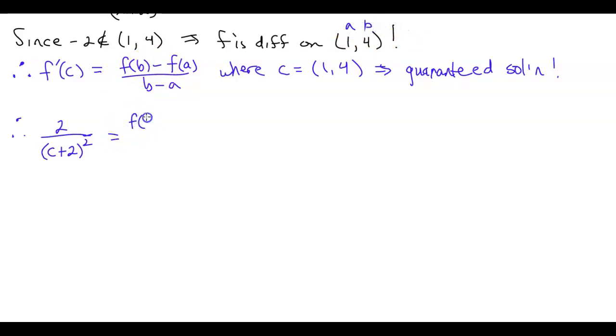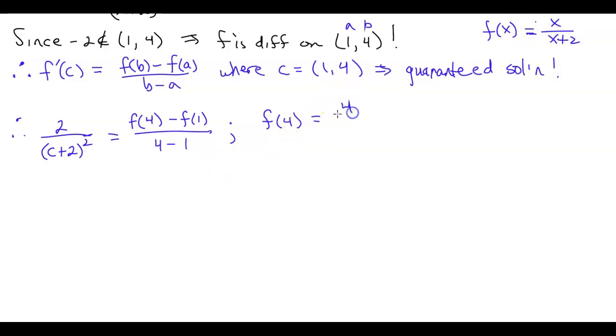So we're going to have f of 4 minus f of 1 divided by 4 minus 1. Remember that our function f of x is x over x plus 2. So f of 4 is 4 divided by 4 plus 2, which is 4 divided by 6, which is 2/3. And f of 1 is 1 divided by 1 plus 2, which is 1/3.